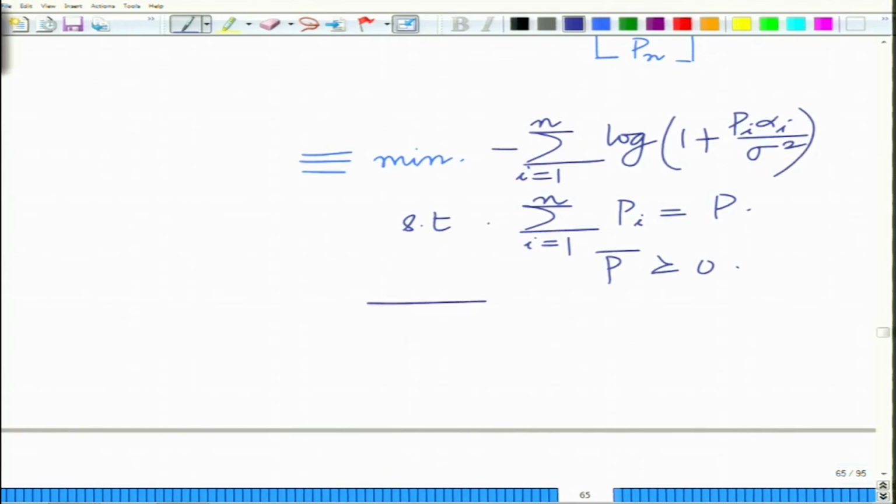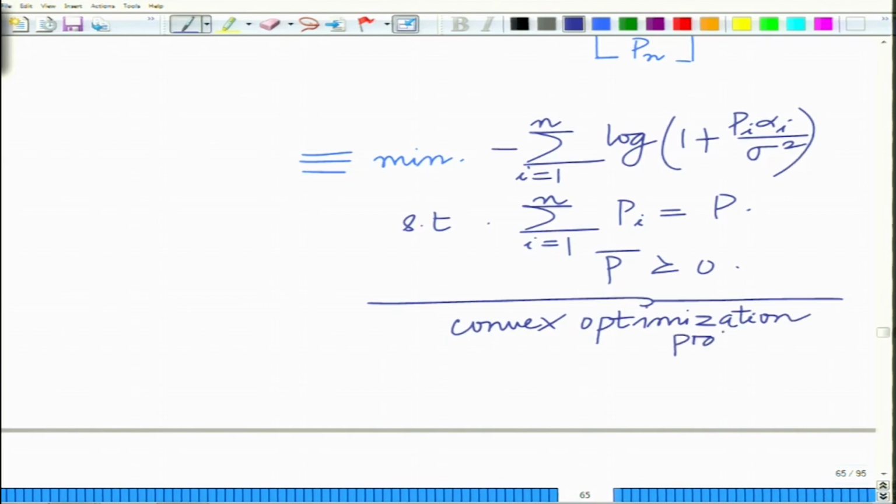So this is your convex optimization problem for optimal power allocation. You are allocating the powers optimally, typically termed as optimal power allocation.